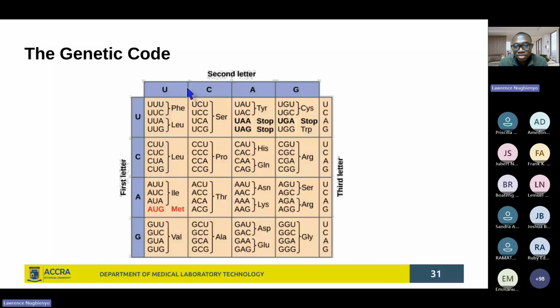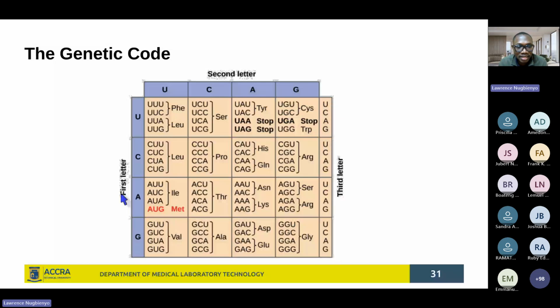Then a second nucleotide in the triplet is being represented by these letters horizontally at the top. Also the same thing: uracil, cytosine, adenine, and guanine. And the third nucleotide in the triplet is what you see vertically represented on the right-hand side.